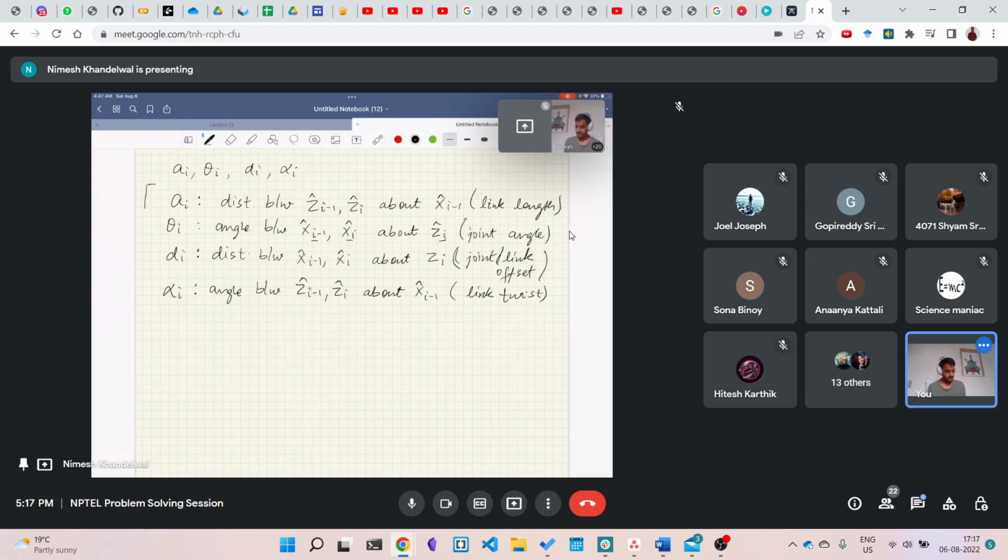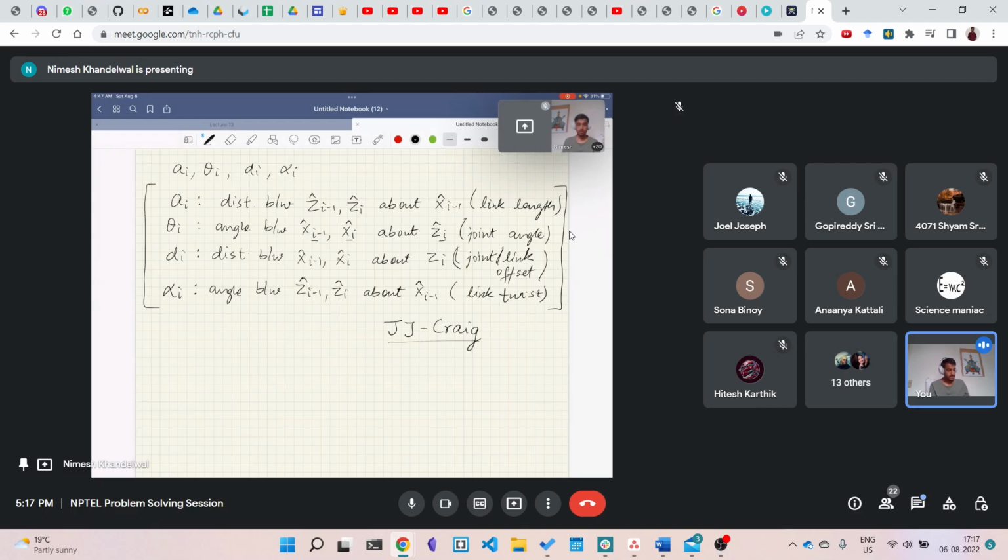So this is the definition of DH parameters, or basically the DH parameter convention that we use, as given in the book by J.J. Craig.